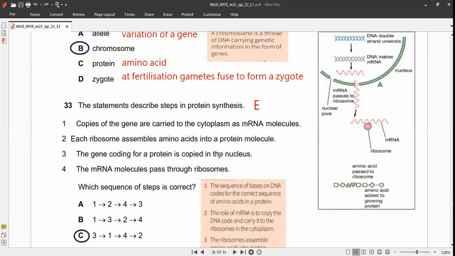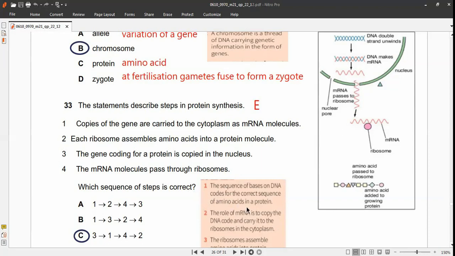Number 2, copies of the gene are carried to the cytoplasm as messenger RNA molecules. The mRNA passes to the ribosome. From the nucleus, the role of messenger RNA is to copy the DNA code and carry it to the ribosome in the cytoplasm. Number 3, what happens?